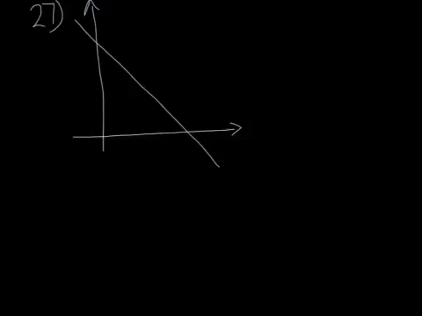27. Okay, 27 has a triangle, and it's asking you to find all these angles. And you can do it based off of what information you know. And it only gives you that right angle and the measure of this angle here of 145 degrees, okay?